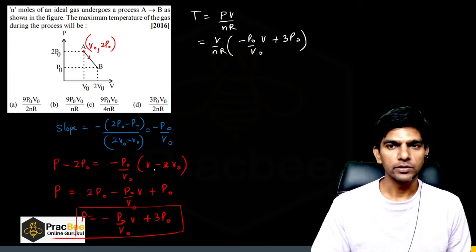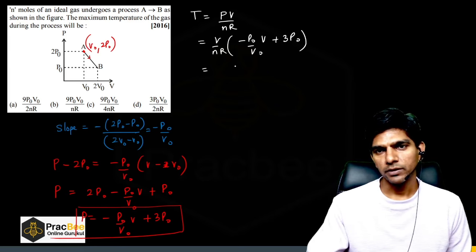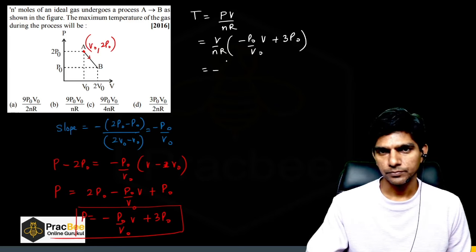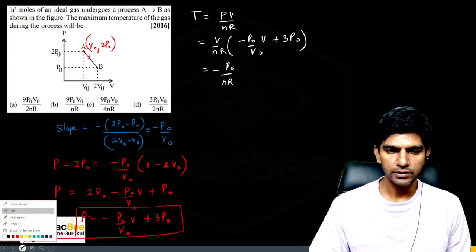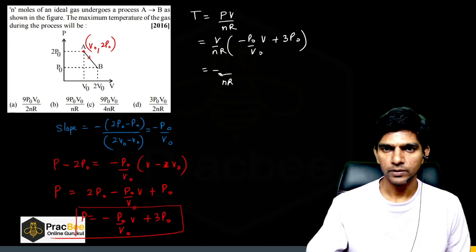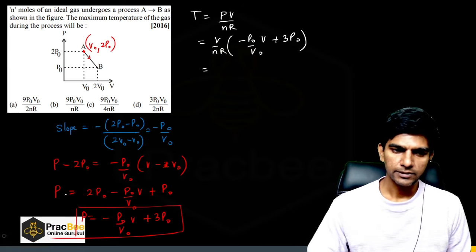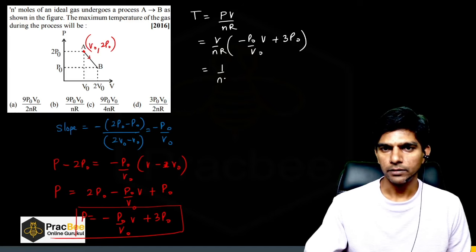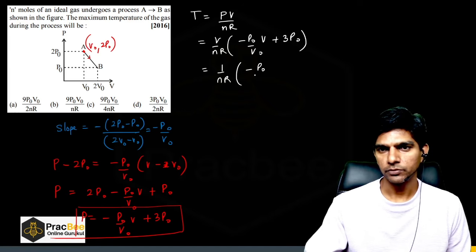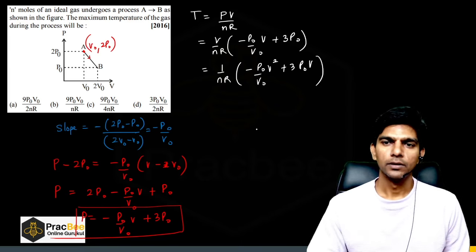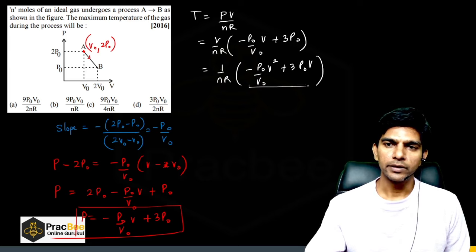So this is nothing but the temperature. Let us keep nR outside. So we can write this as 1 by nR times minus P naught by V naught times V square plus 3 P naught V. Now it's a quadratic function, right?